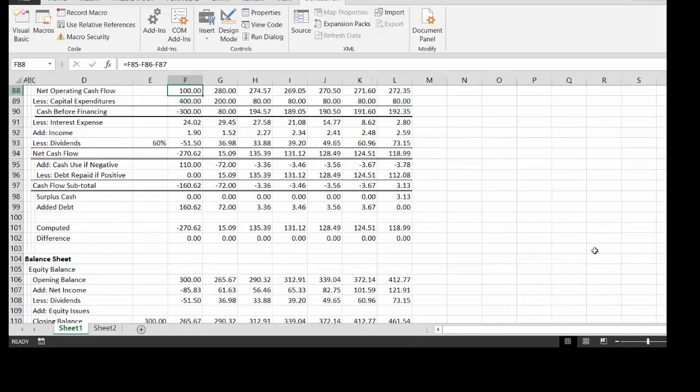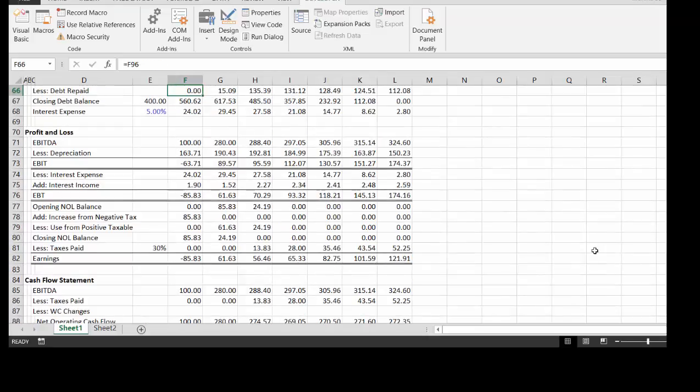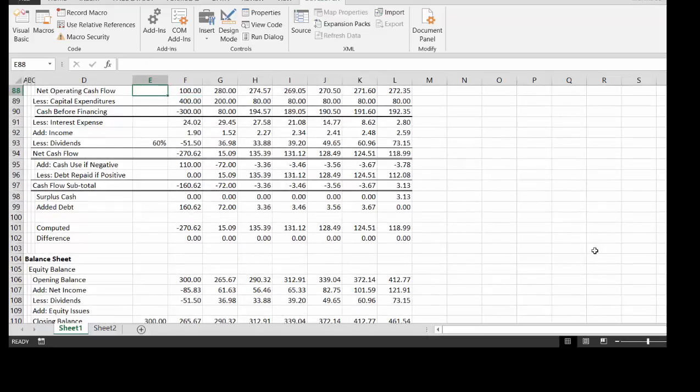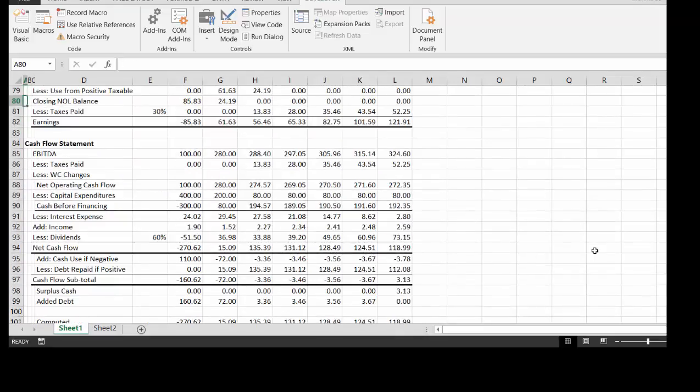Okay, now the function for computing the net cash flow here, that's all working, okay? And it might have been a little bit painful, but we have a lot in here.